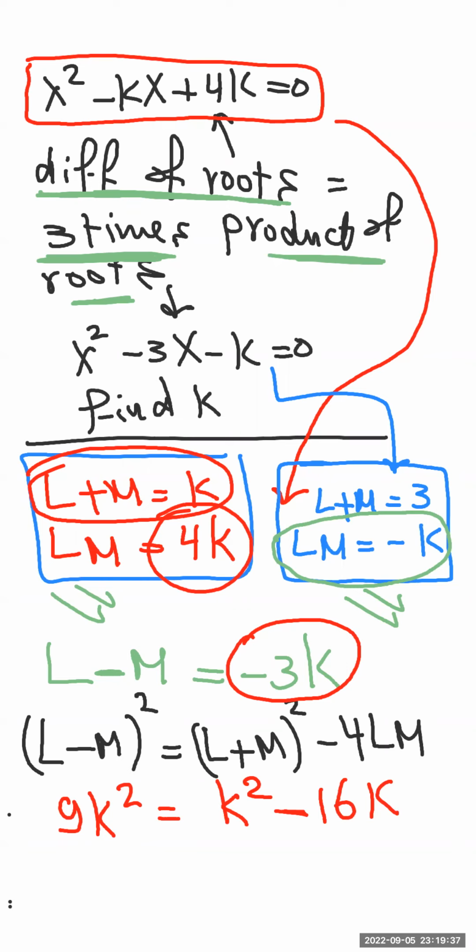So now 9k squared minus k squared minus 16k equals 0. So simply 9k squared minus k squared means 8k squared minus 16k.